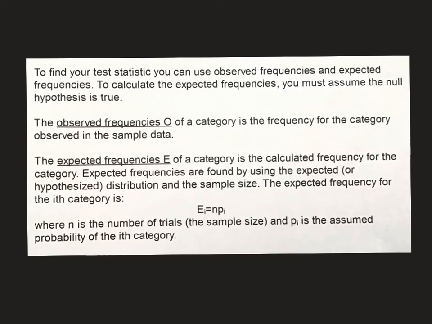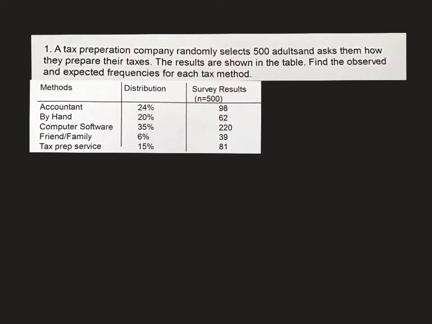Okay, so in number 1, a tax preparation company randomly selects 500 adults and asks them how they prepare their taxes. The results are shown in the table. Find the observed and expected frequencies for each of the tax methods. So here's the good news.